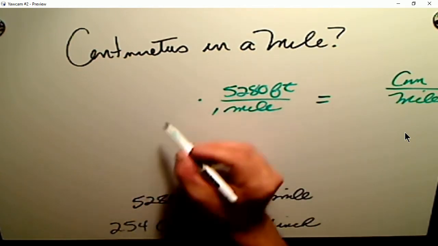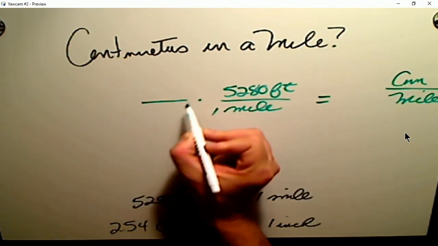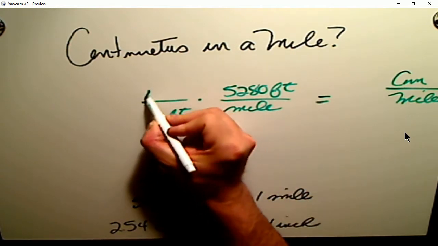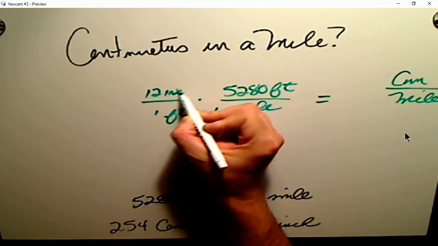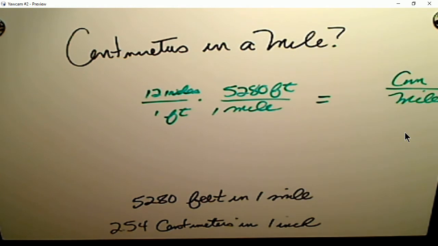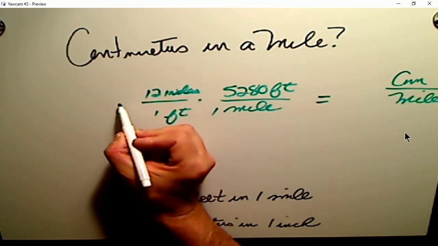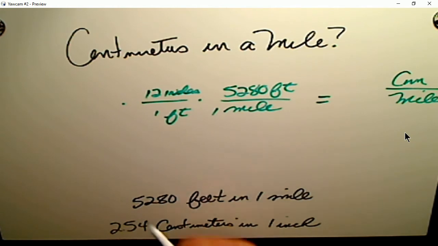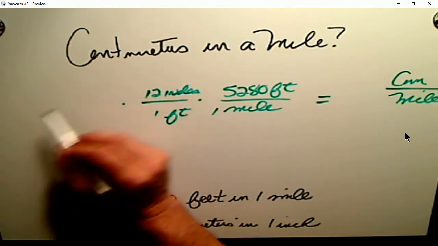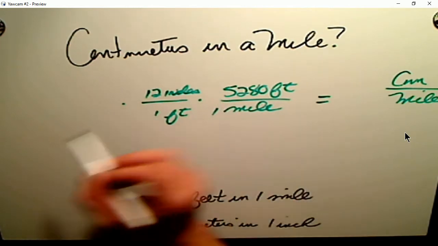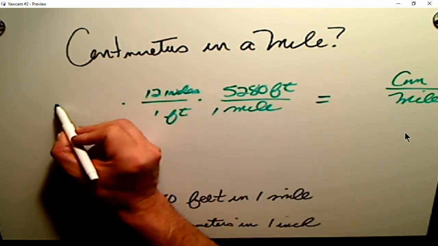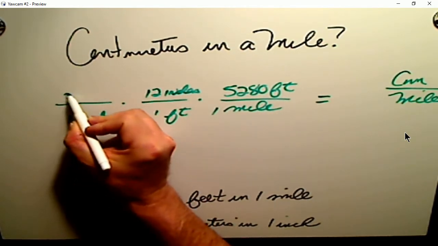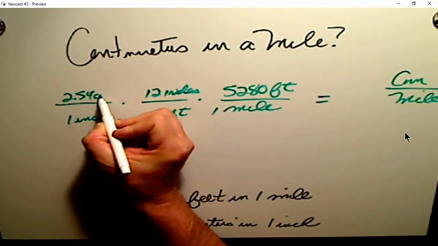Well, I need to get feet out of the equation. We know for every foot we have 12 inches. And we know, based on what we have down here, that for every inch equals 2.54 centimeters.